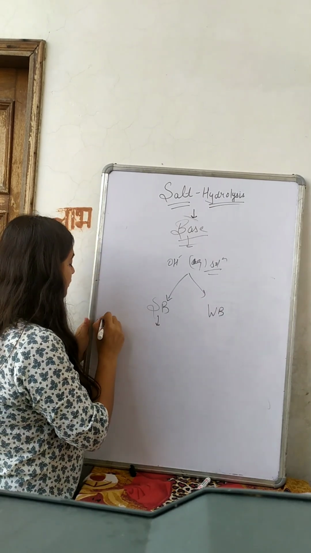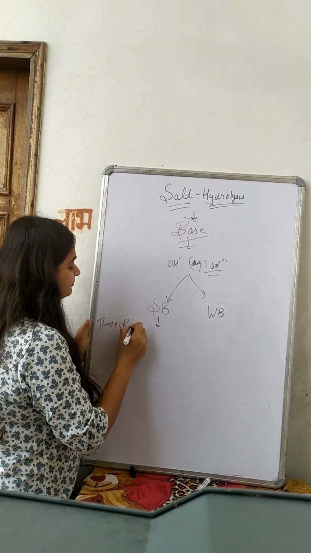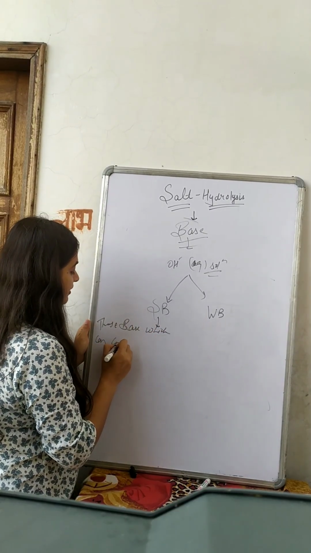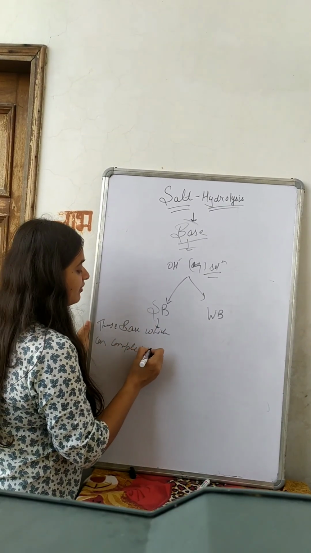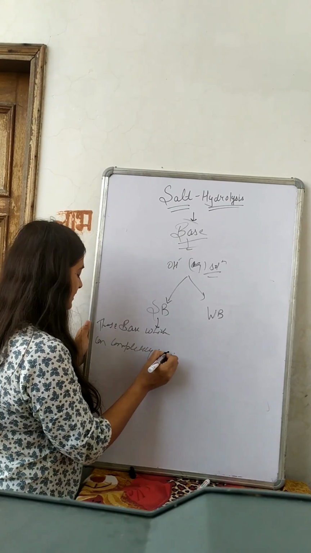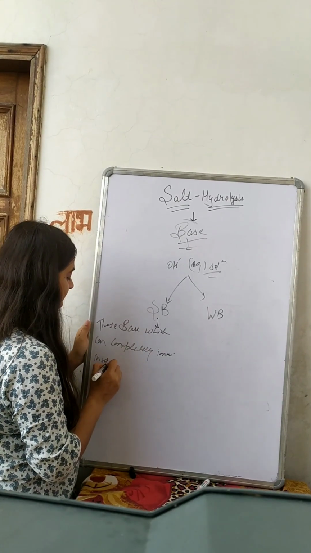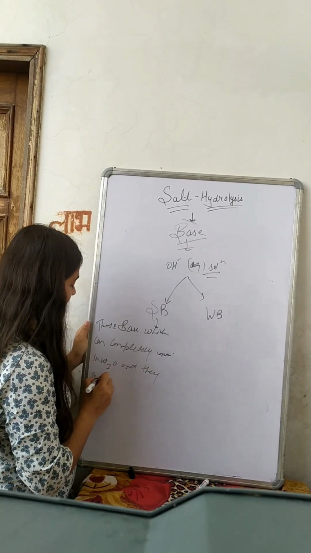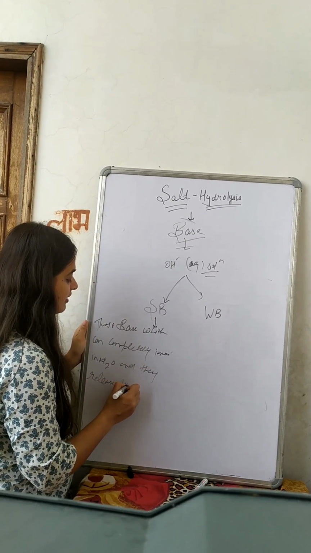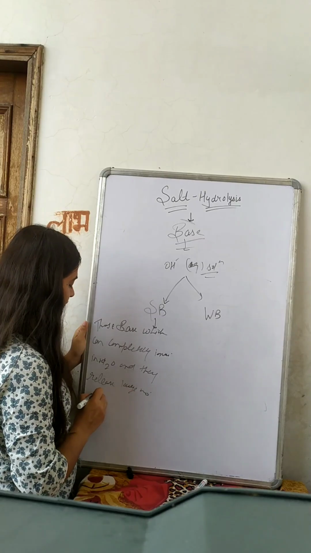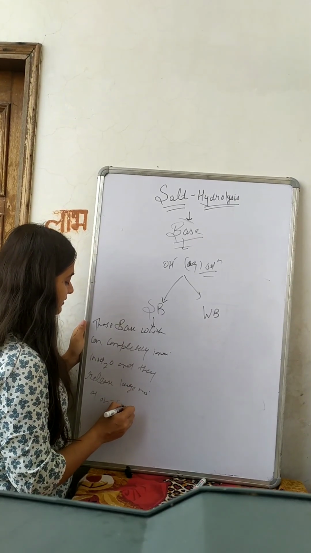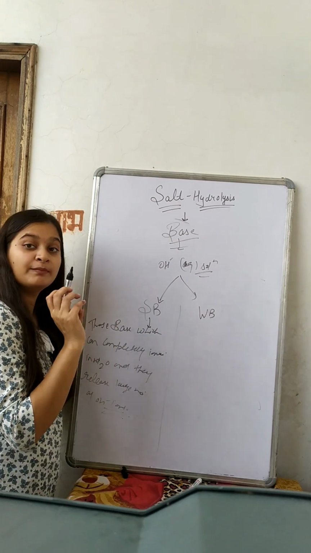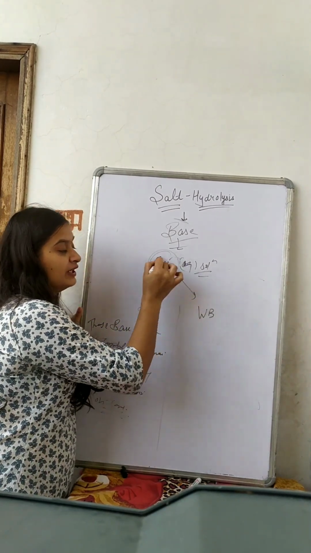Strong bases are those bases which can completely ionize in water and release a large number of OH negative ions. Okay, so bases are those which release OH negative ions.